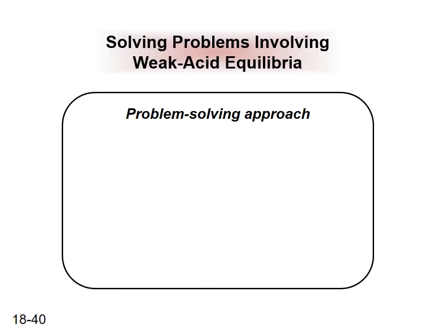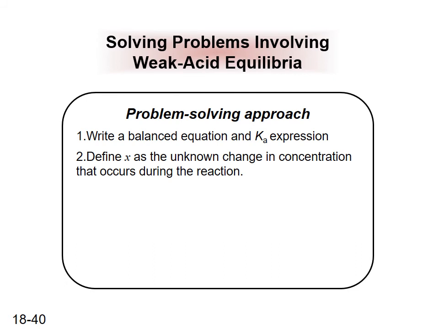You already know how to solve problems involving strong acid, strong base. Solving problems involving weak acid is more complicated. Here are the steps. We begin with a balanced equation and the K expression.